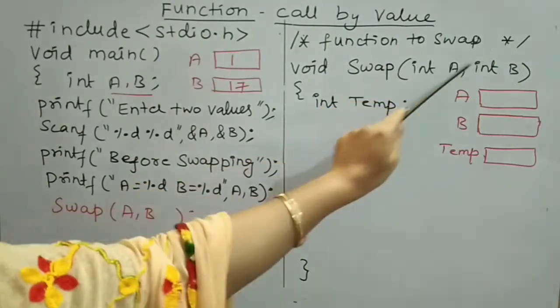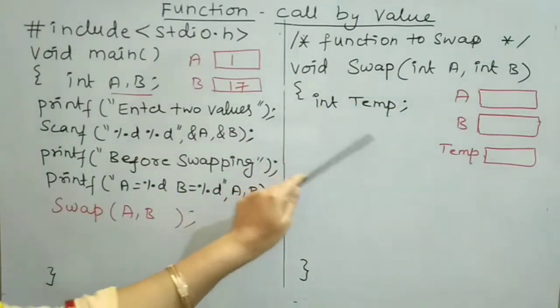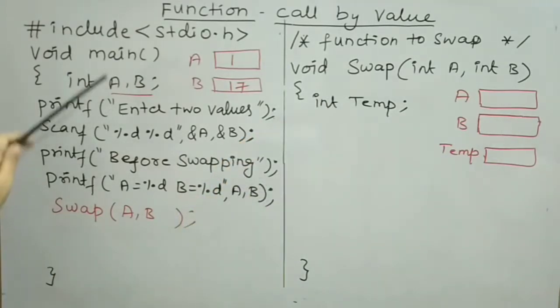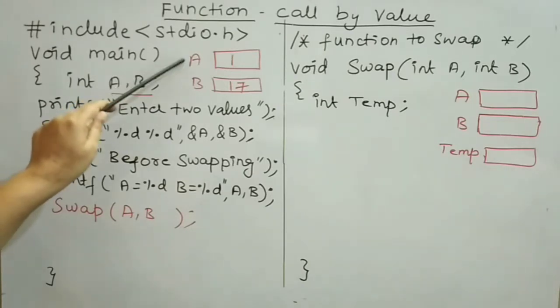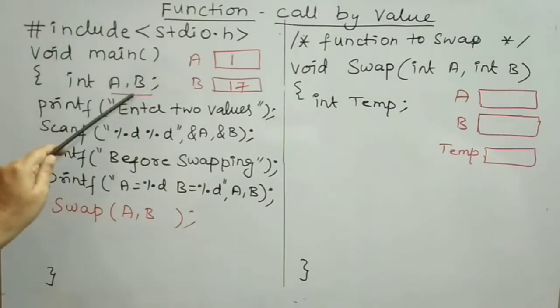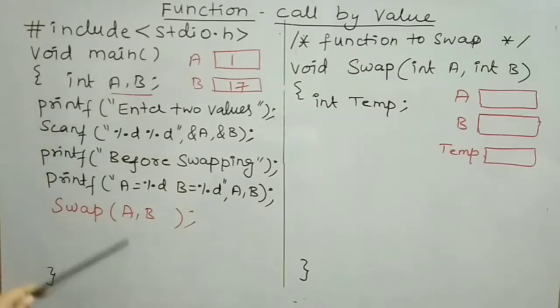So this a, b and temp can be accessed only within this function swap. Like the same, in main we have defined two variables a and b for which it allocated some memory space. These variables a and b are defined inside main, so they can be accessed only within this main function. That is the scope of the variable defined inside a function or a block.